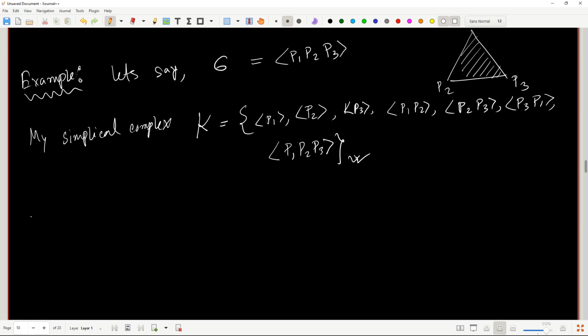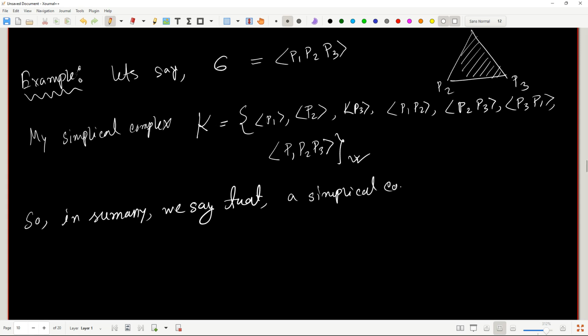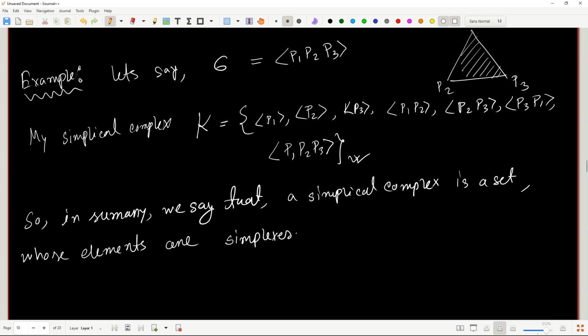So in summary, we say that a simplicial complex is a set whose elements are simplexes.